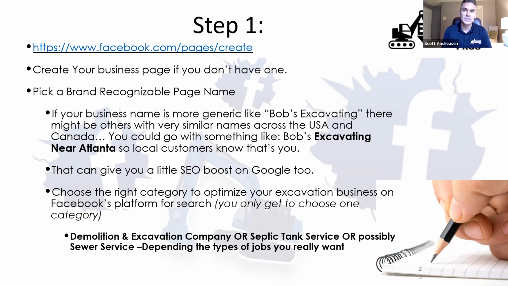If you want to focus on septic tank installations, I would go with that. Or possibly sewer service. You could choose that one. So it really depends on your objective of what kind of jobs you really want. But this is going to help when you do posts and things like I show you. This is going to help Facebook to know where to place those and who to show them to.